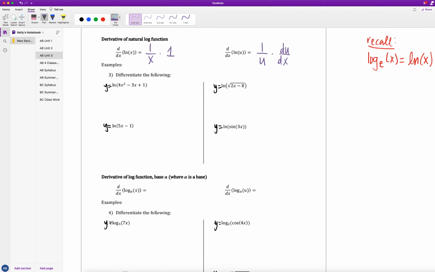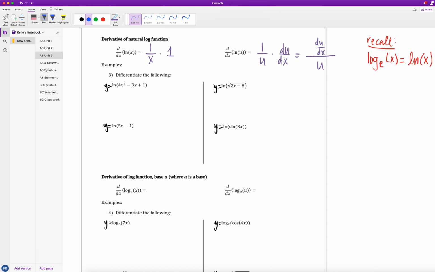A lot of the time we could write this as one fraction, with the derivative of u with respect to x all over that original input of u. So again, these are going to be chain rules, and we have to take into account the derivative of the input of our natural log.